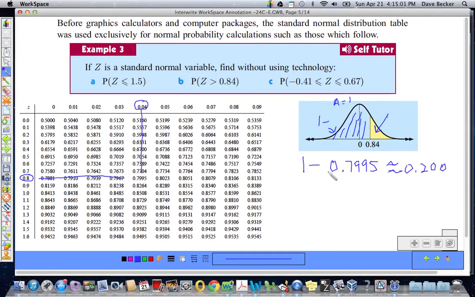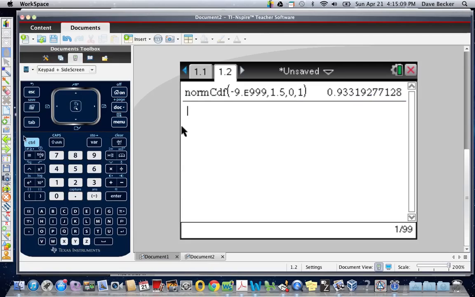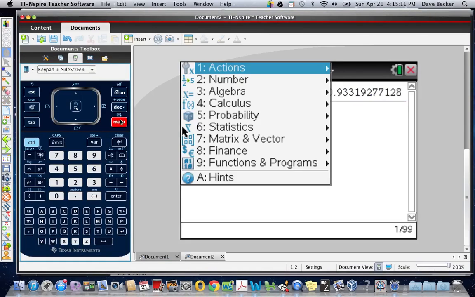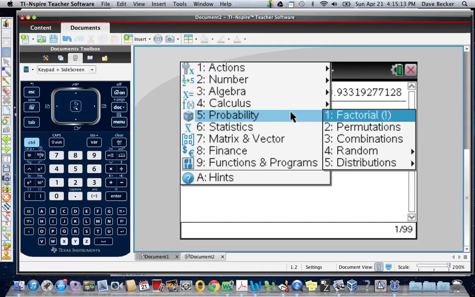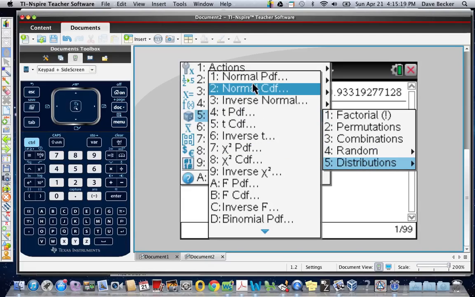Okay, and so then we could also do our second example by just doing 1 minus the probability of 0.84. Okay, so let's do that. Normal CDF, probability. Well, actually, we don't have to do that, right? Distributions, normal.